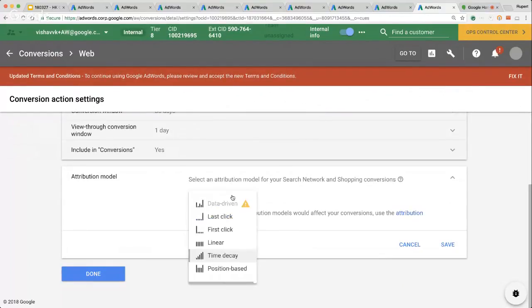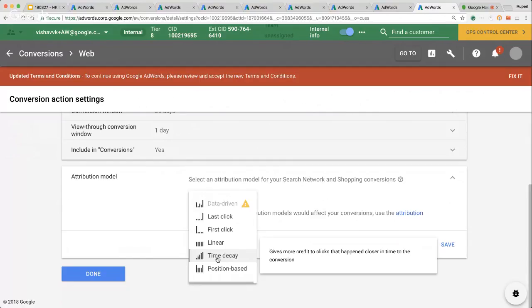The default is last click, and we recommend you use time decay if you are not data-driven eligible, because to be eligible for data-driven, you need at least 600 conversions in the last 30 days. A lot of the time, some of our clients don't get 600 conversions in the last 30 days. Under such circumstances, we recommend you use time decay.